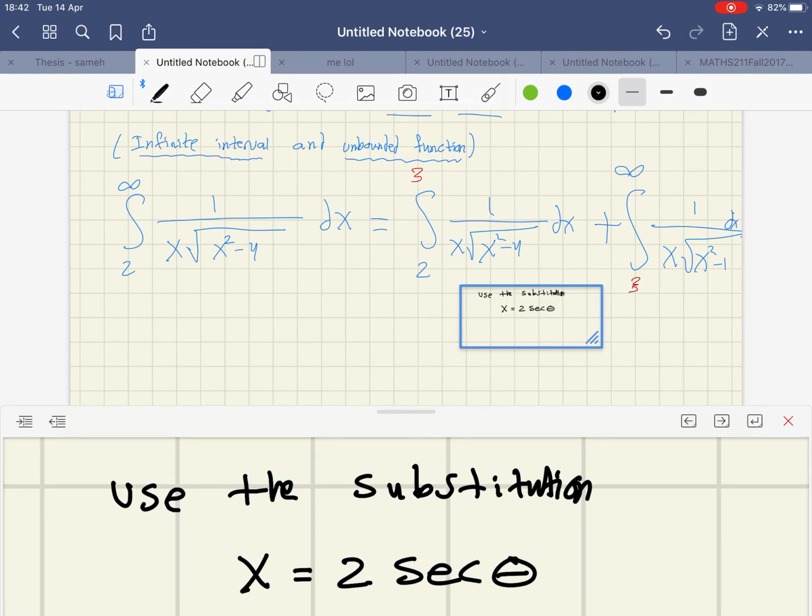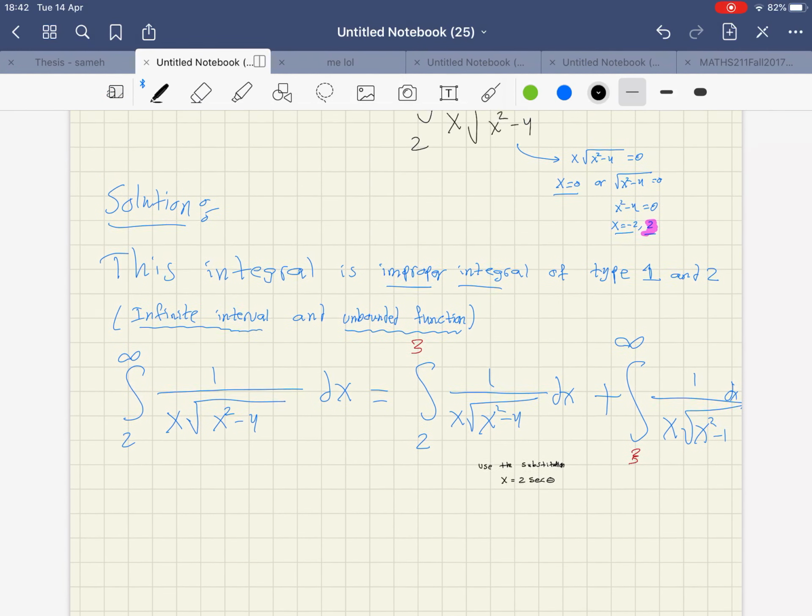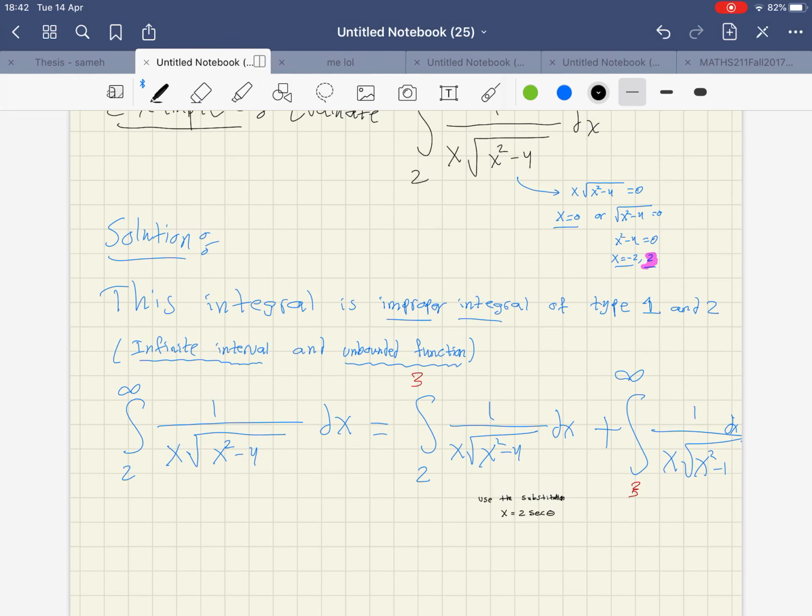If you can read this one, that's the hint that you would need to use in order to solve this question. It would be very easy, very simple, because you have something squared minus a number.